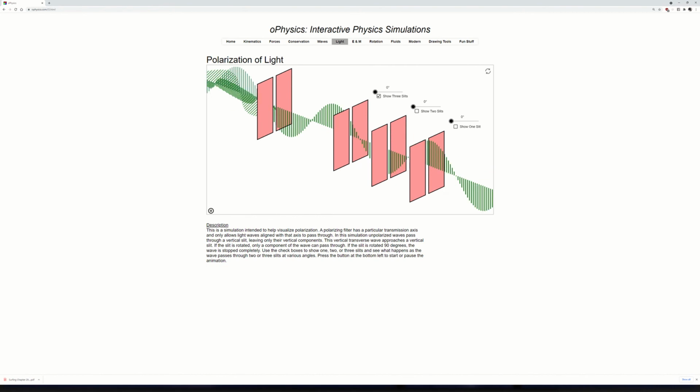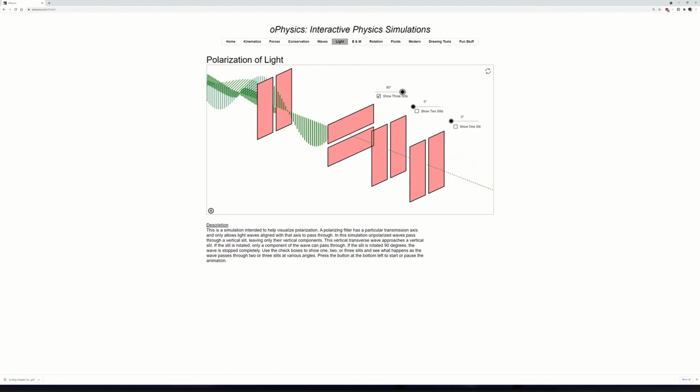You can see that the light is traveling through here, and only the vertical component is allowed through. If I rotate the second polarizer 90 degrees, we've basically prevented the vertically vibrating light from coming through. And therefore, we have a completely polarized light at intensity of 0.